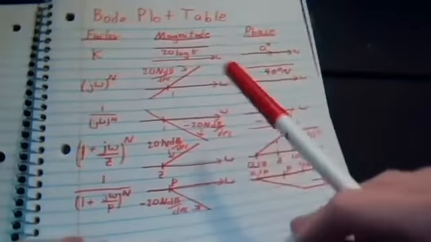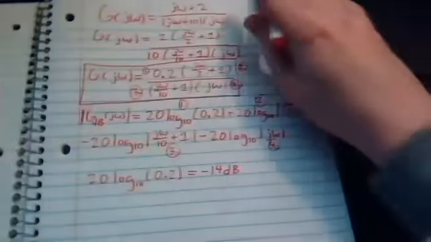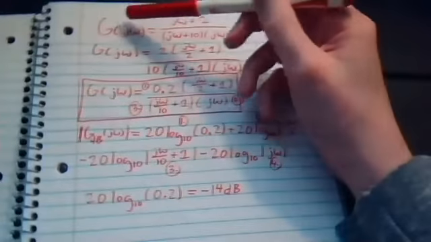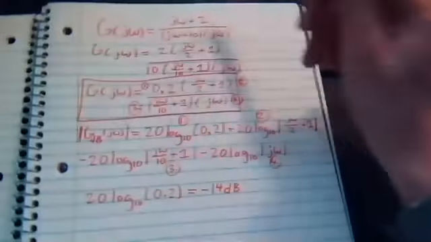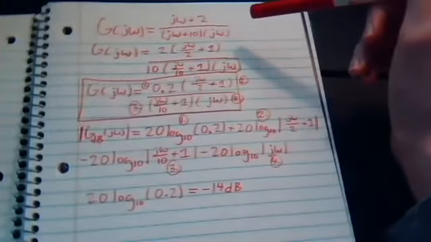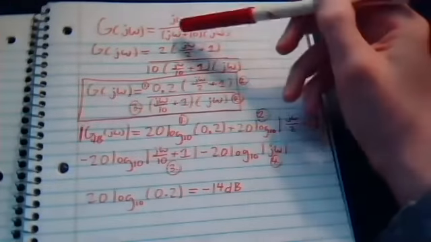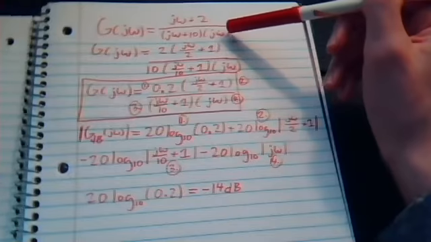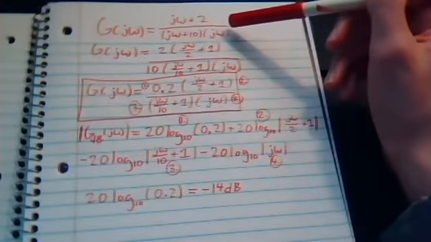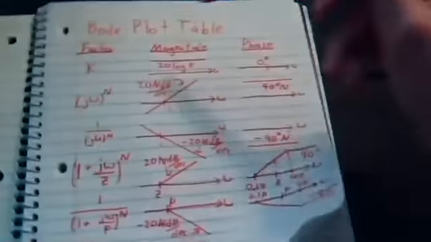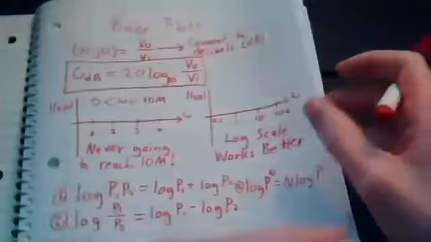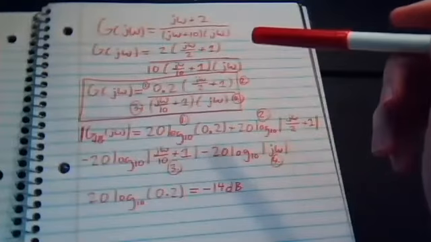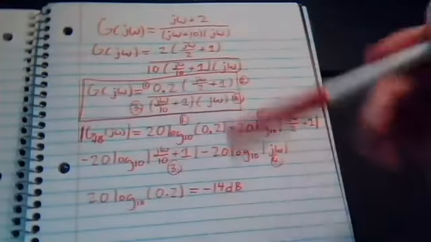So for example, if we have a transfer function, G of j omega, that is equal to this expression, j omega plus 2 over j omega plus 10 times j omega. This is an example problem where we can apply this table and these log rules to illustrate what is really meant by a Bode plot, how to make it and what we get out of it.